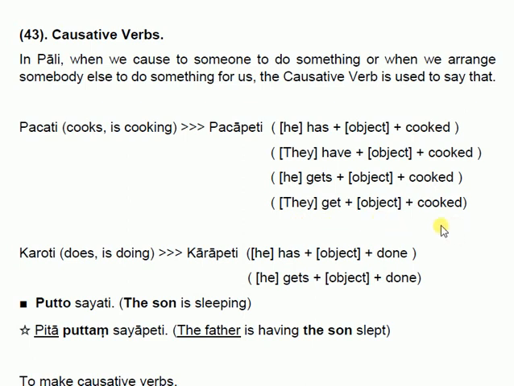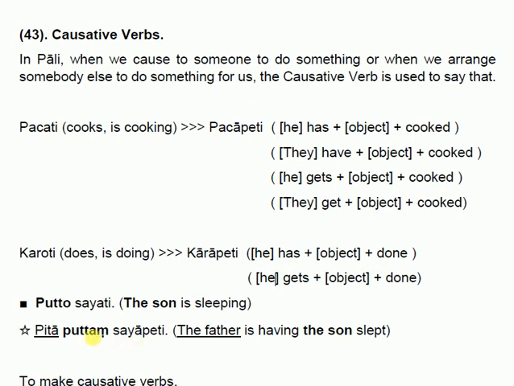And karoti means does or is doing, simple present, and its causative verb is karapeti. So has plus object plus done. He has something, object done, and he gets object plus done.